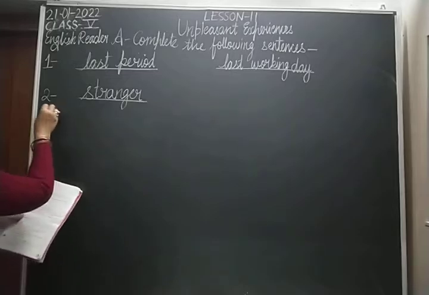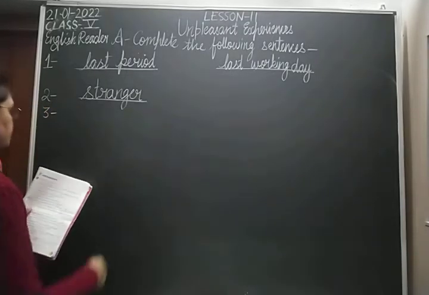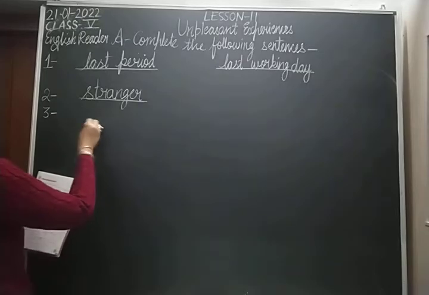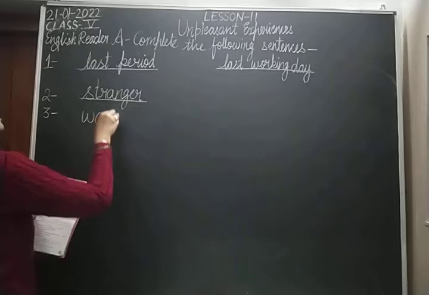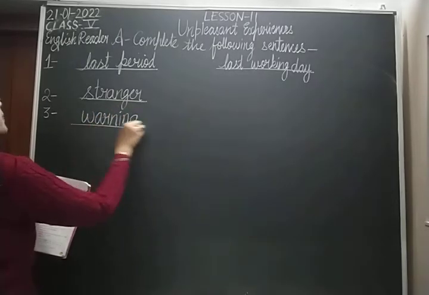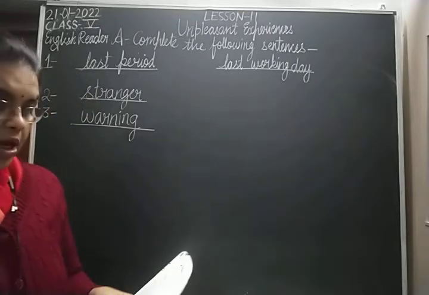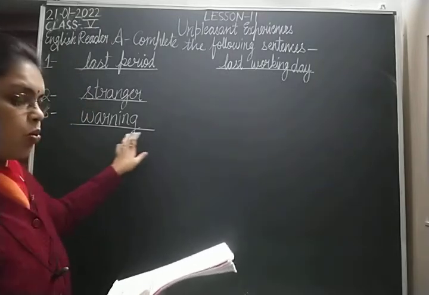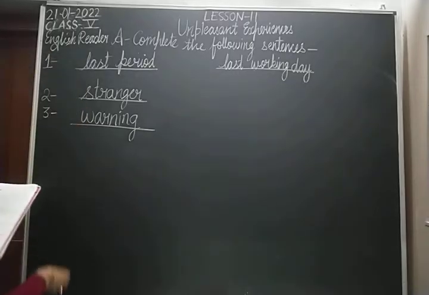Third, feeling scared gives us a dash to get help. So the word will be warning. If we are scared of something, that is a warning for us to be alert beforehand and take help from someone. So feeling scared gives us a warning to get help. Right, warning in the third blank.